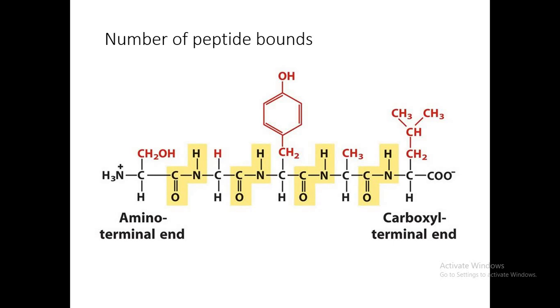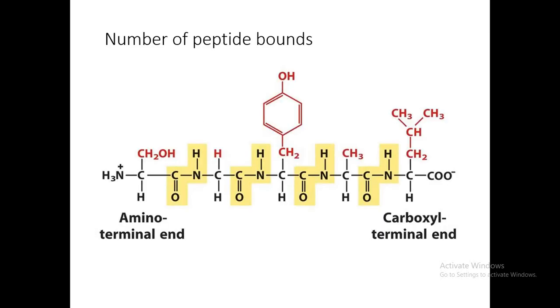What does hexapeptide mean? Hexapeptide means there are 5 peptide bonds that join 6 amino acids, and so on. It could come in your exam that someone gives you a polypeptide chain and asks you to write down how many peptide bonds are present.